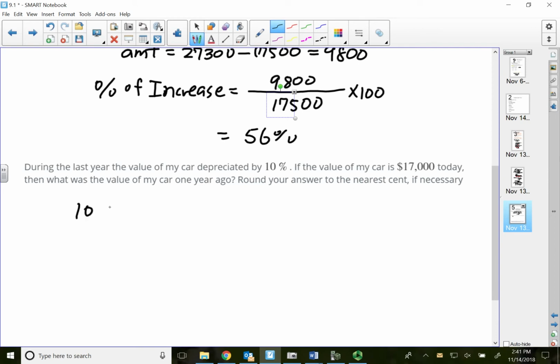Let me put it right here. 10% depreciation means my car still holds what? Still holds 90%, right? I'm still holding 90% of last year's value.